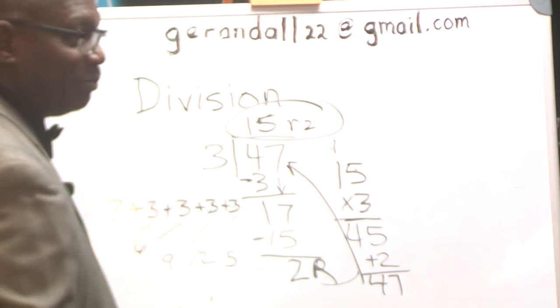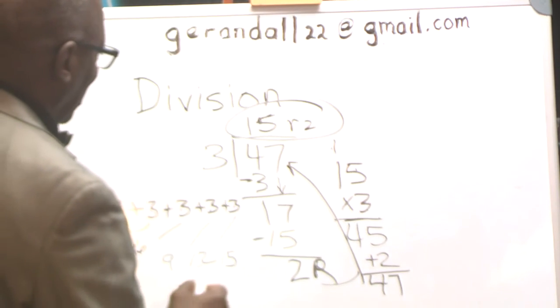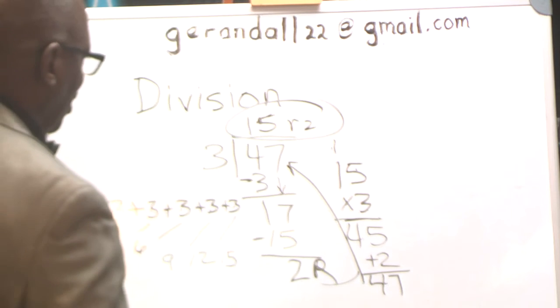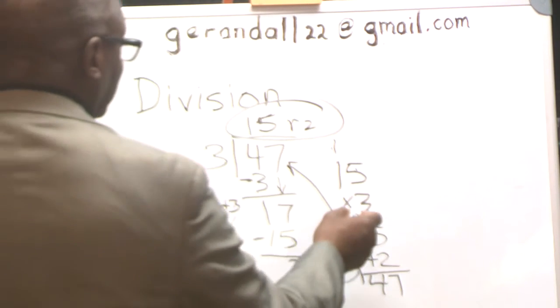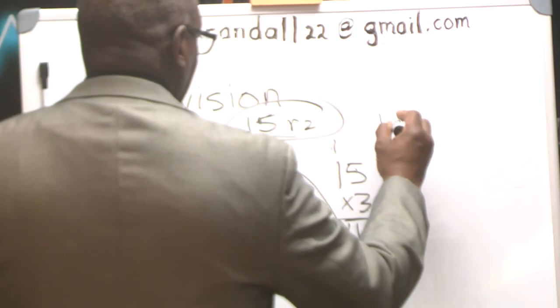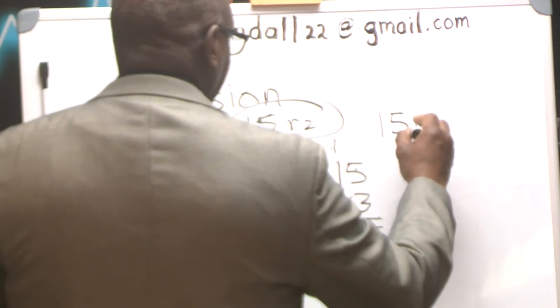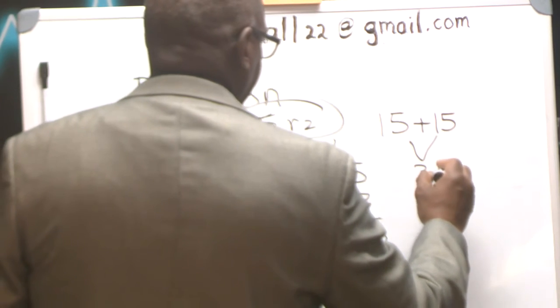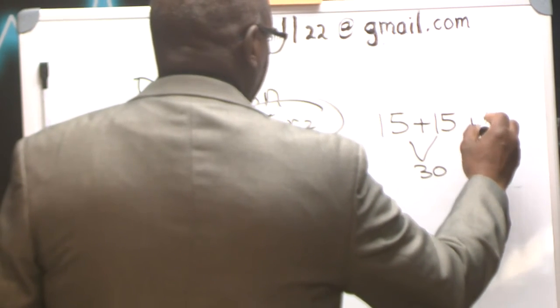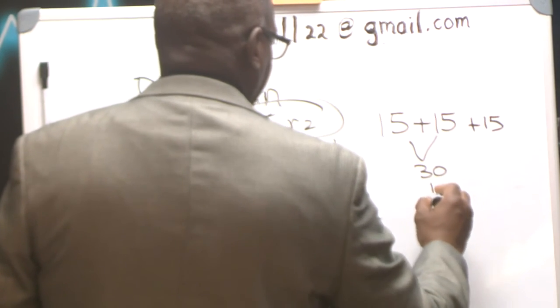Basic math skills. I love them. Okay? And again, if we don't know how to multiply this 3 times 15, we could write 3 15s. That's 30. Add 1 more. That's 45.